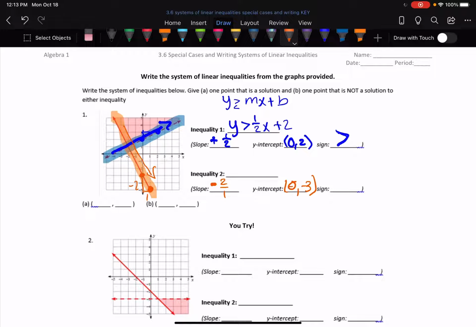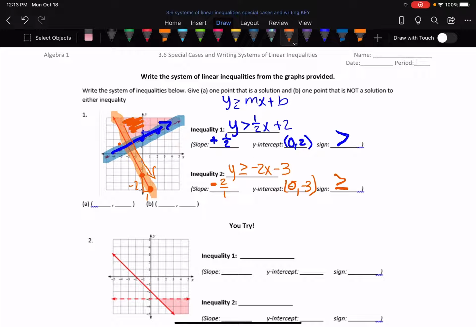Now for my sign, it is a solid line, so I know I have an equal to. And if I look at where it's shading, it's actually shading above my line. So it's going to be a greater than or equal to sign. So now when I go to write my inequality, I have y is greater than or equal to -2x minus 3.